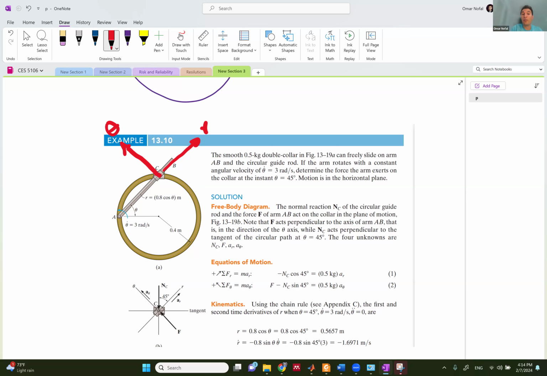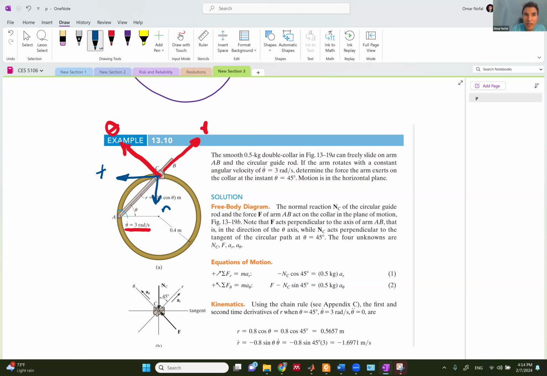This is how I set the sign of omega, because this is very important when we put it in the problems. So omega here is positive and it's going counterclockwise. So theta is this way. Now let's put the tangent and normal. I know that my body is moving this way, so this is the tangent and this is the normal.